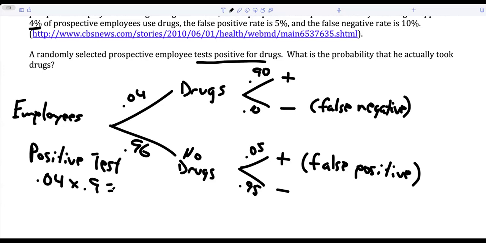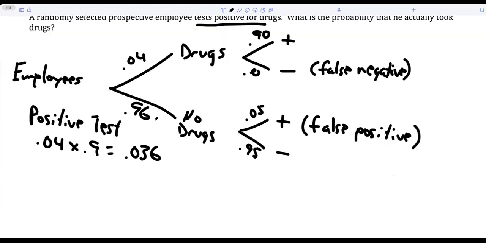And that gives me, what's that, 0.036. And so that's one possibility. The other possibility here is that they get a false positive. So they're going to do 0.96 times 0.05. So take your calculator, plug that in. And that should get, half of 96 is 48, so like 0.048.